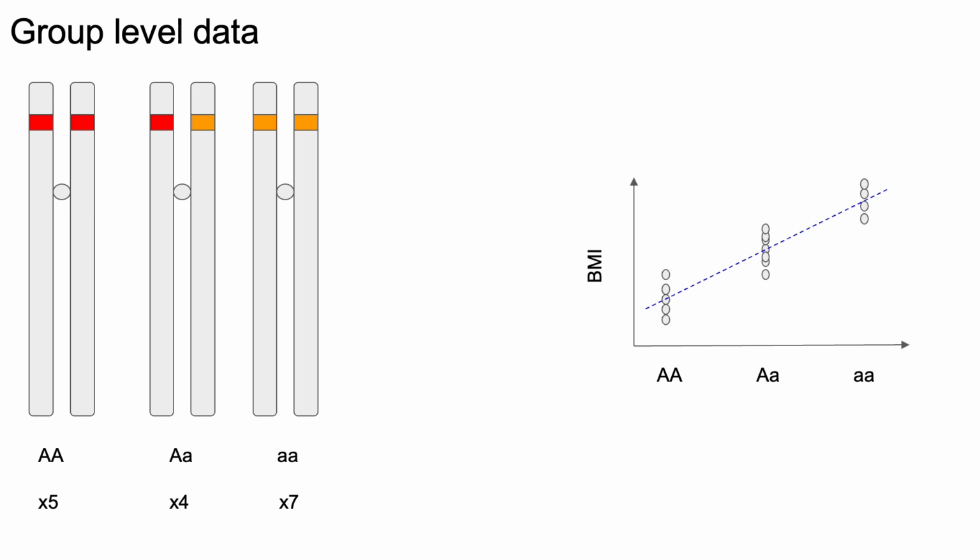Now things get a little more interesting. In this group of 16 individuals, we also measure their BMI along with other things like height or weight. And we happen to observe that those 5 people with both capital A have lowest BMI, while people carrying both small a have highest BMI as shown on the right.